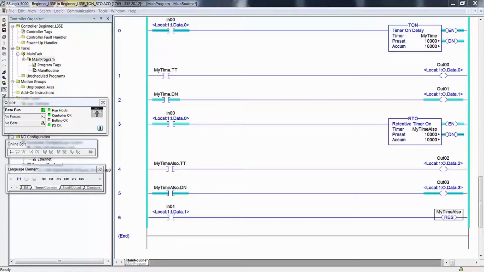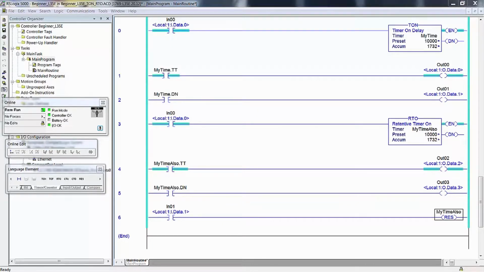Did both of the instances of a timer data type reach the done state during the same program scan? The answer, of course, is no. It's always possible that you had them both reset to 0 or something like that. If you did, well, then they both reached during the same scan. So if I were to reset, turn it off, reset, they're both at 0, right?